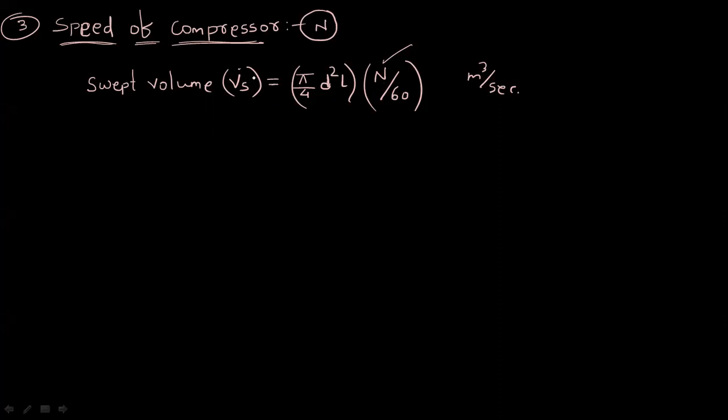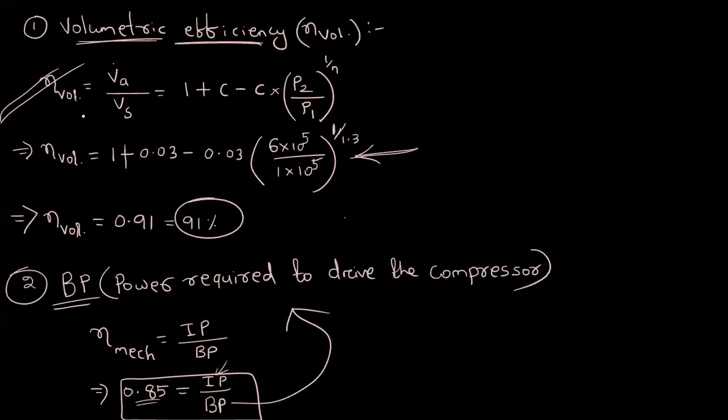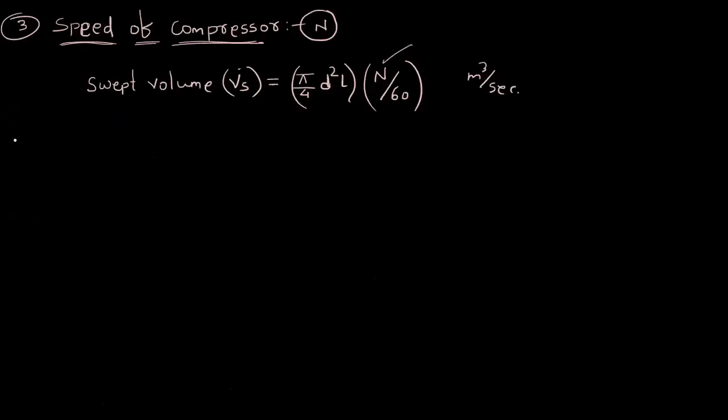Now, how to get this swept volume? From the volumetric efficiency. Volumetric efficiency is equal to actual volume of air entered divided by swept volume.